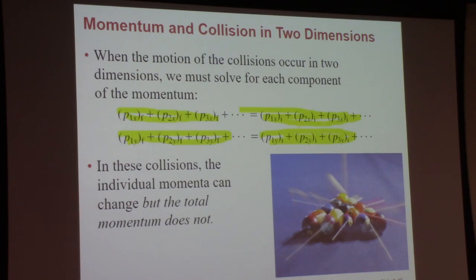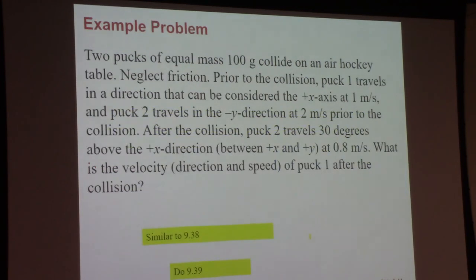It could be a whole bunch of particles colliding, like you see here in this braking situation. There's a whole bunch of different billiard balls going in different directions. The point is, though, that the initial momentum of the system is equal to the final momentum of the system. Okay, just have to be a little more careful because we almost have to do the problem twice.